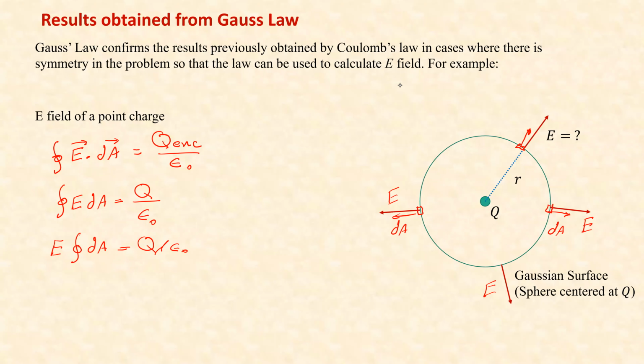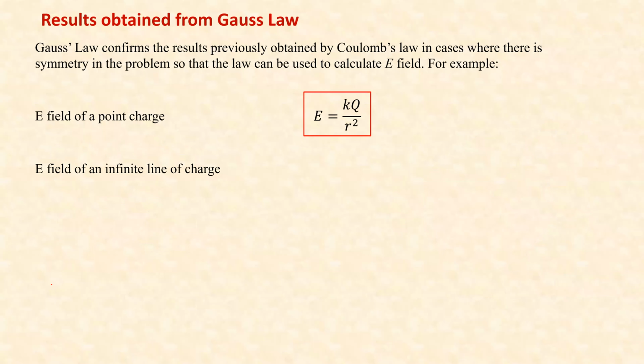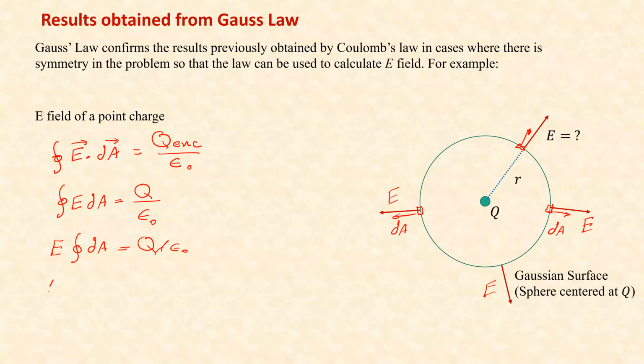And the total area of the sphere is 4 pi r squared, so E times 4 pi r squared, right? Equal to Q over epsilon naught.